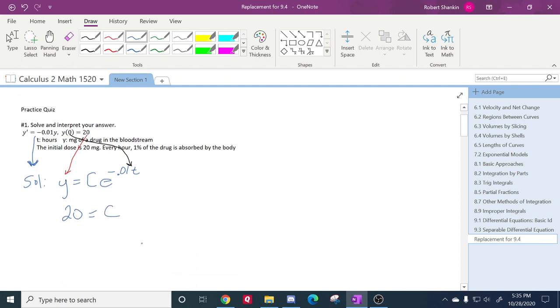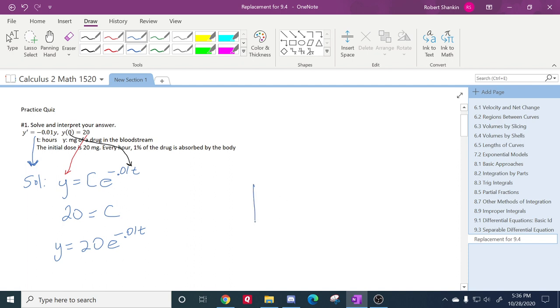So then the solution is y equals 20 e to the negative 0.01 t. That's the function that gives us this when you give an initial dose of 20 milligrams and it dissipates or gets absorbed by the body 1% every hour. You get this function.